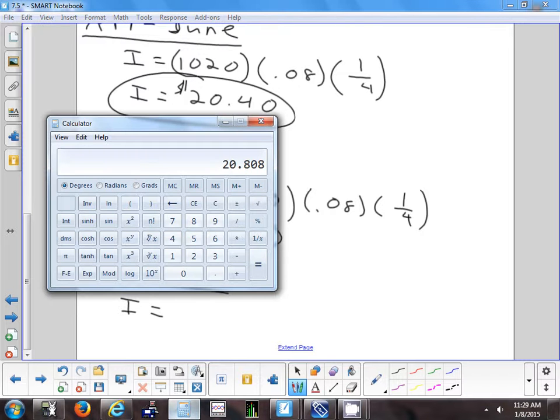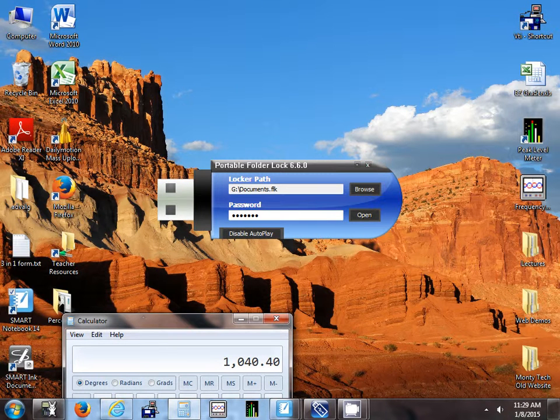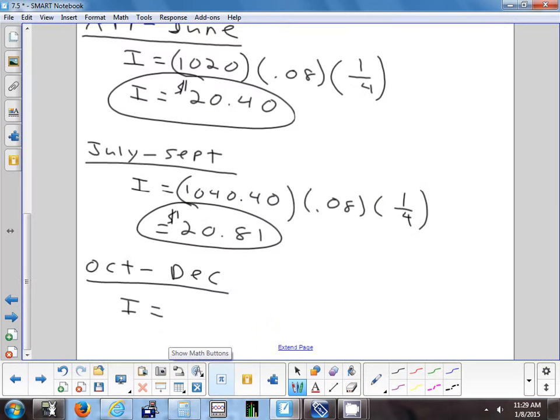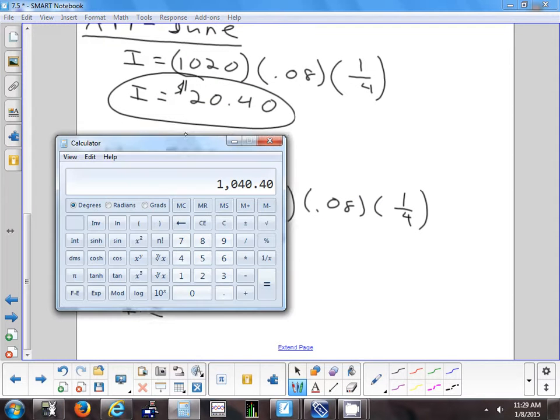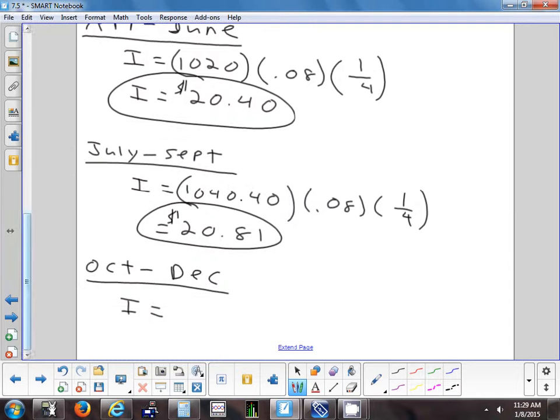So my previous balance is $1,040.40, and we're going to add what we just had, $20.81. So now we have $1,061.21.